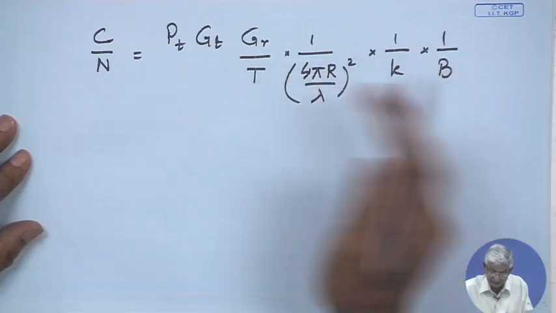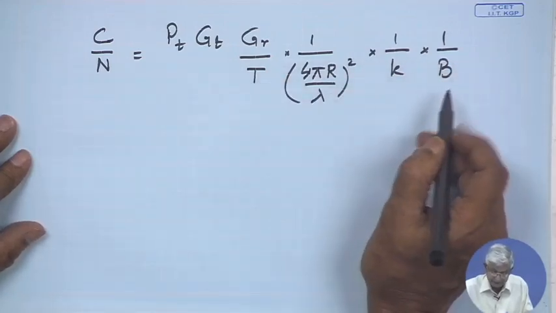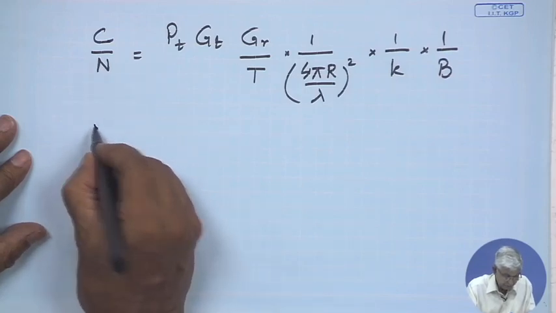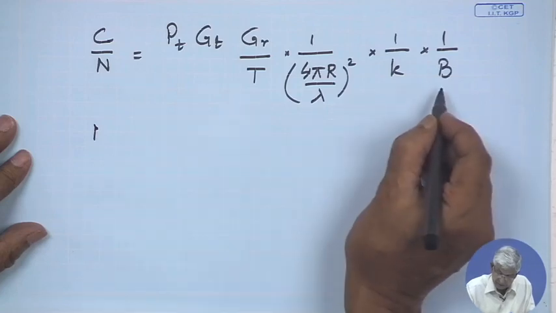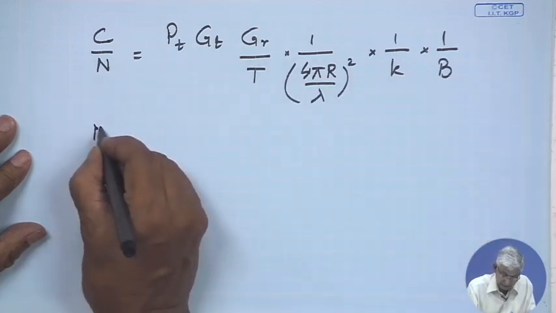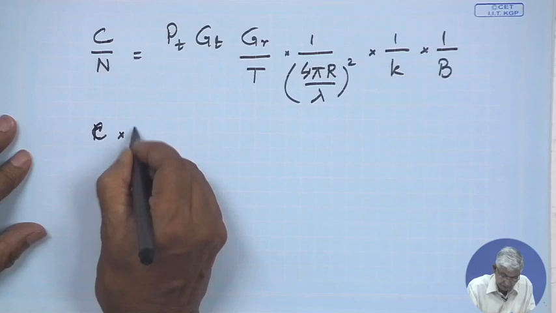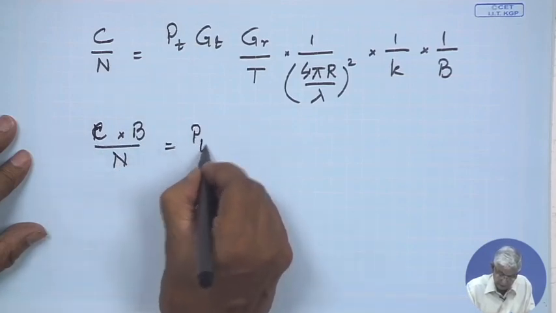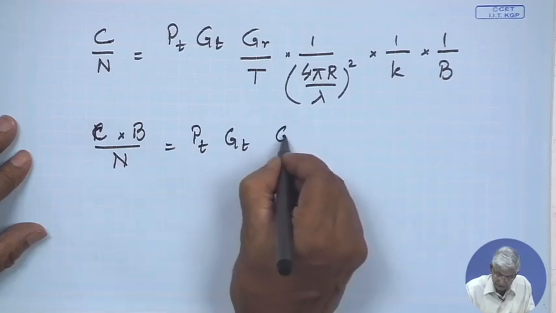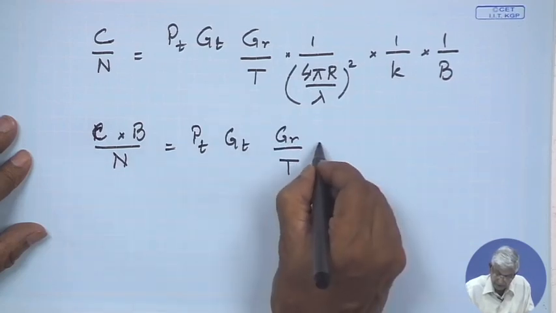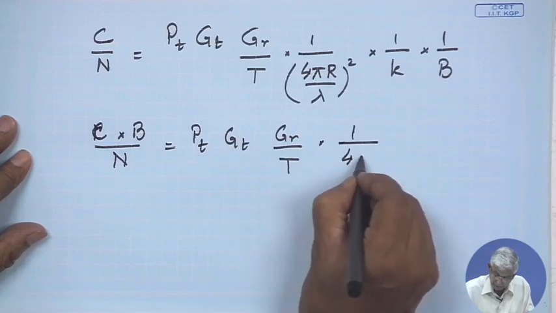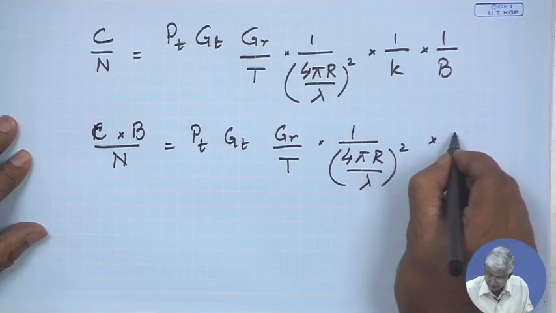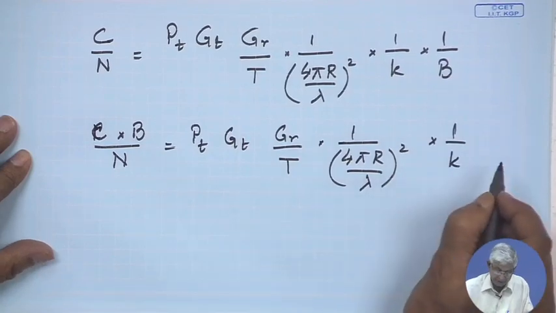Now, this bandwidth can be adjusted in a different way. Okay, first let us take the bandwidth this side. So, let us call it C into B by N is equal to PT GT GR by T, 1 by (4 pi R by lambda) square, into 1 by k.